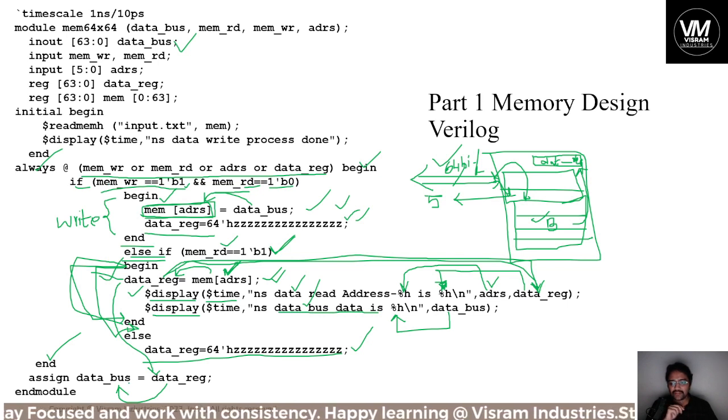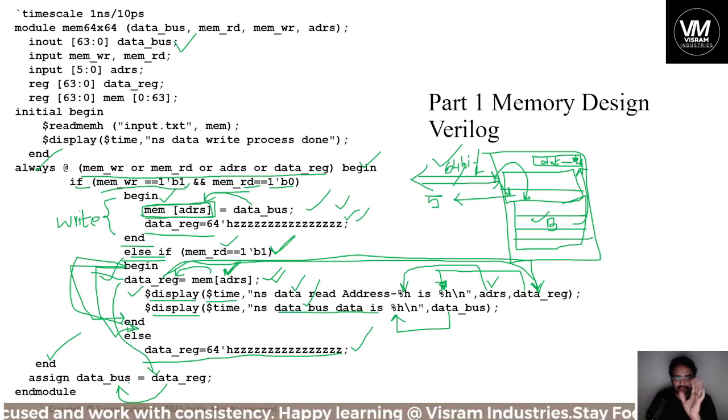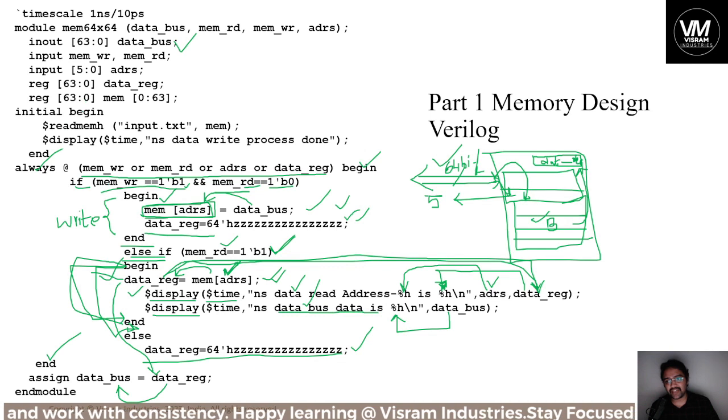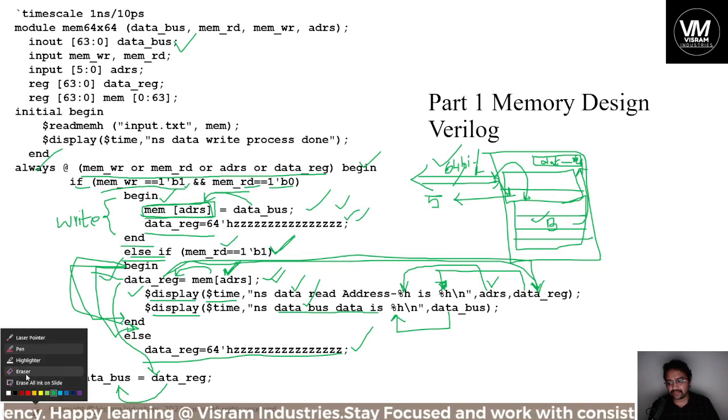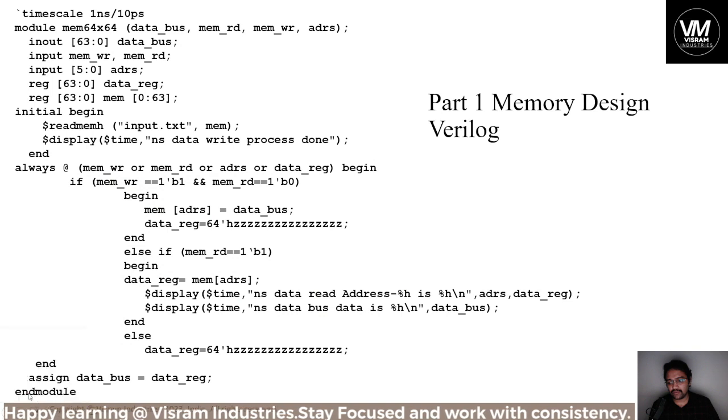So why are we assigning? There is a question here. Why are we not using it directly in the write process? I'm explaining with red mark. Why do we have this assign data bus and data register in the end?